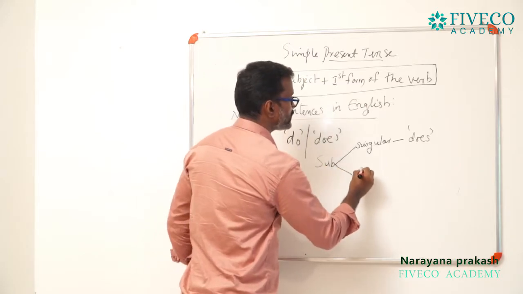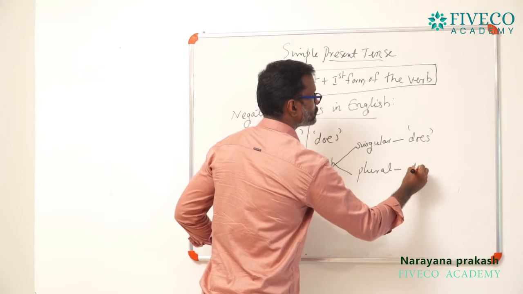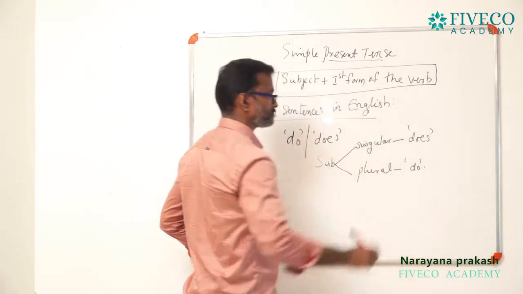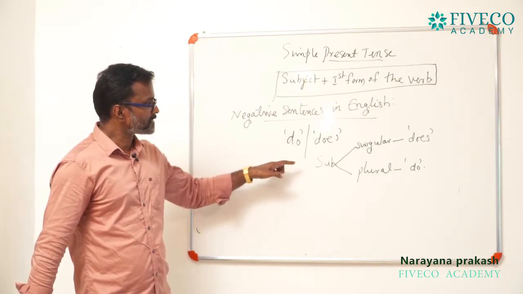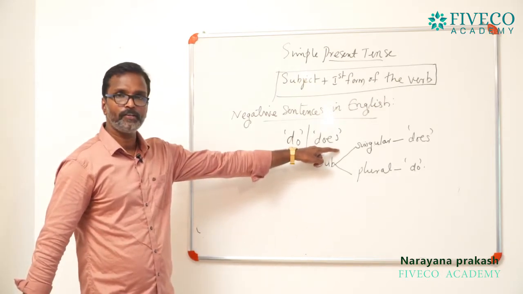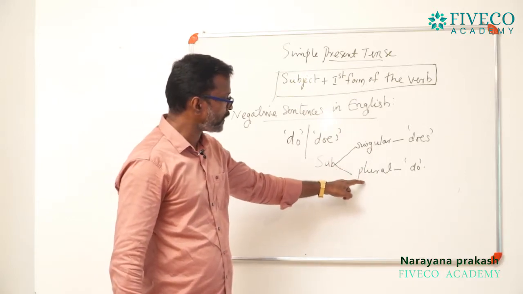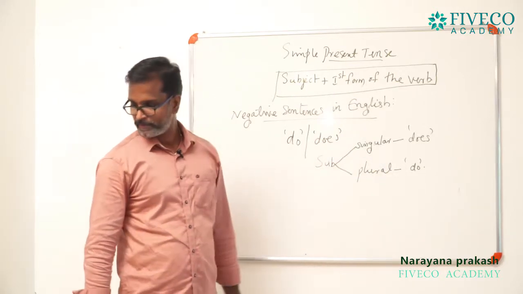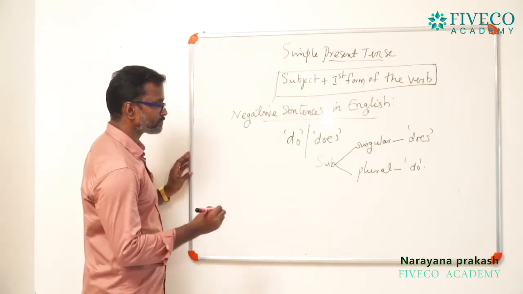And if the subject is plural, you can use do. That is the condition. Do you understand? If the subject is singular, you can use does. And if the subject is plural, you can use do. And I shall give you one example, then you can understand it.